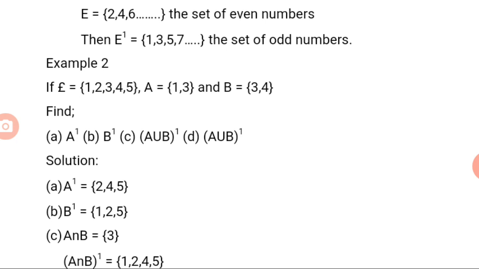So let us move forward. If a universal set has 1, 2, 3, 4, 5 as its elements, and set A has 1 and 3, and set B has 3 and 4.